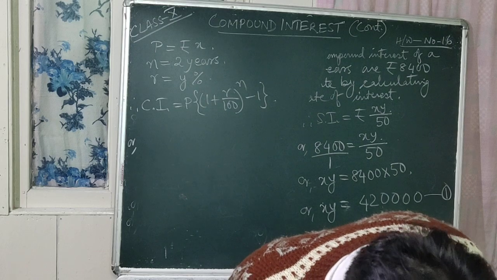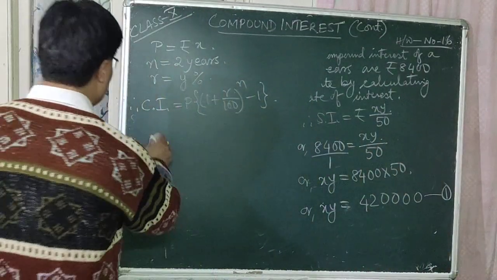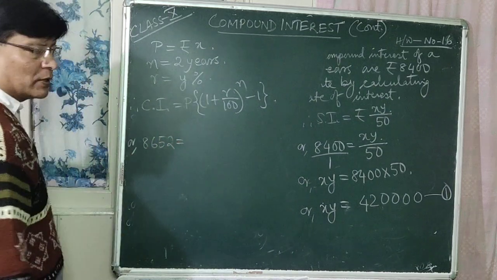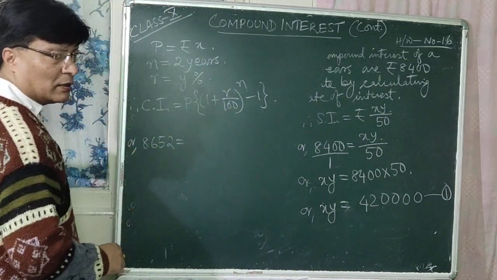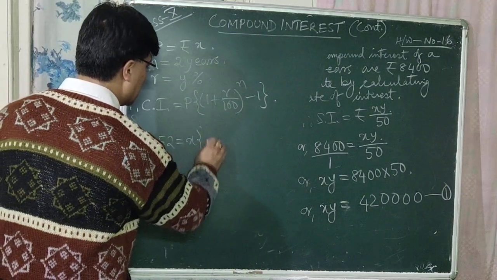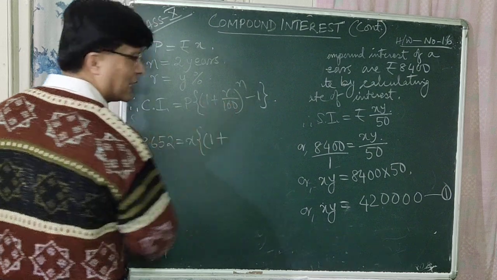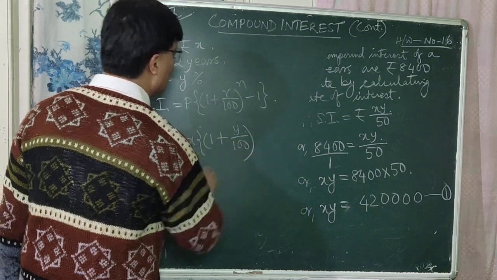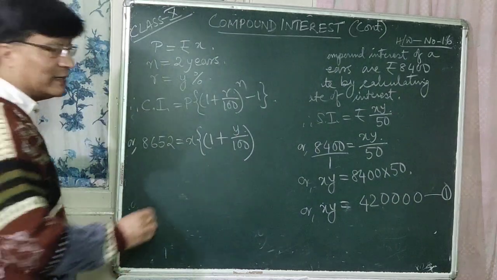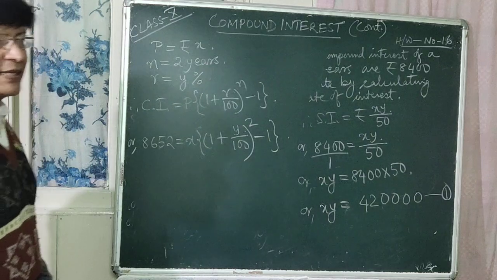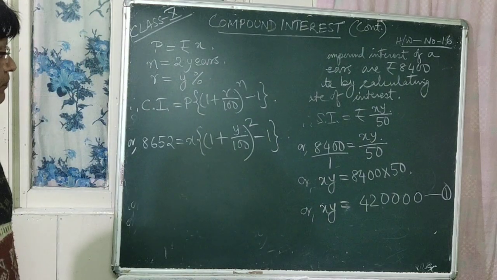It was given as 8652. Compound interest 8652 is equal to, what is the principal? Principal was x. 1 plus, what is r? Y divided by 100 whole to the power, what is the value for n? That is 2. Then write down minus 1. Second bracket is closed. Understood?